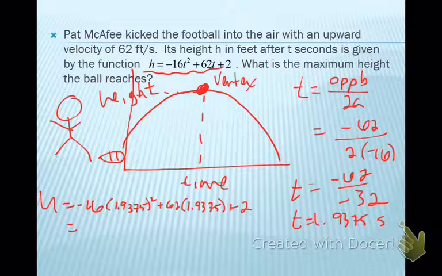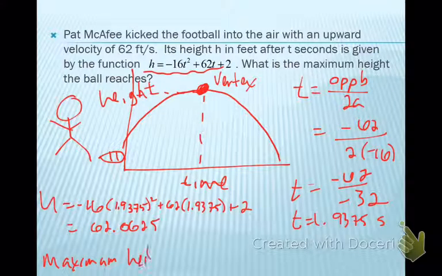And when we do, we get 62.0625. And remember, that's height. So the maximum height is 62.1 feet. Okay? So that's all we're doing here, is really just trying to find that vertex, trying to find the t value and h value, which is x and y.